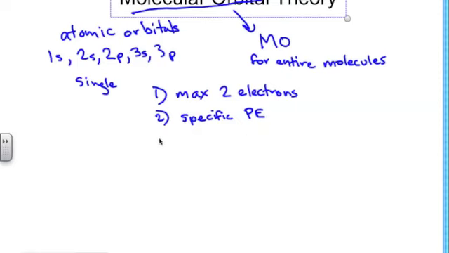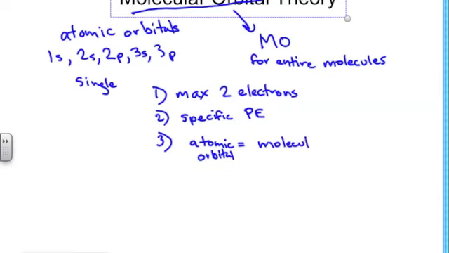Another rule that is unique to molecular orbitals is that however many atomic orbitals we start with, we're going to end up with the same number of molecular orbitals.